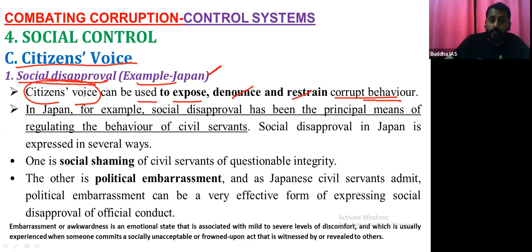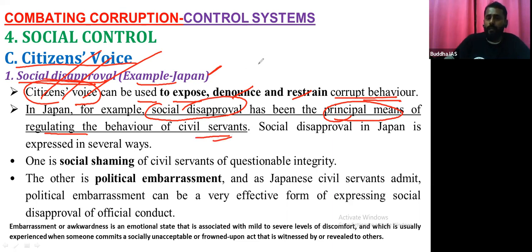If citizens voice against the corruption, go on strike, oppose the corrupt behaviors, then it is very easy to curb corruption. In Japan, for example, social disapproval has been the principal means of regulating the behavior of the civil servants. In Japan, most of the civil servants are honest.